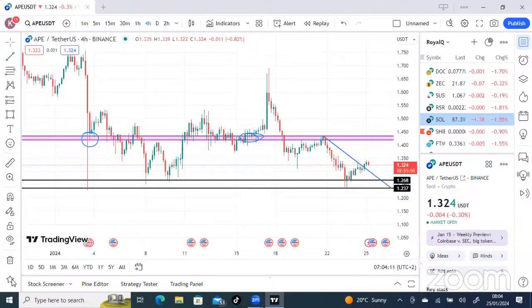And there we go. But still, that was our main support and our main resistance.